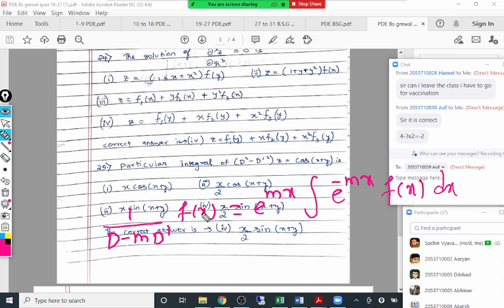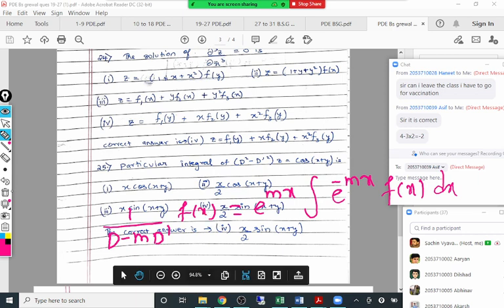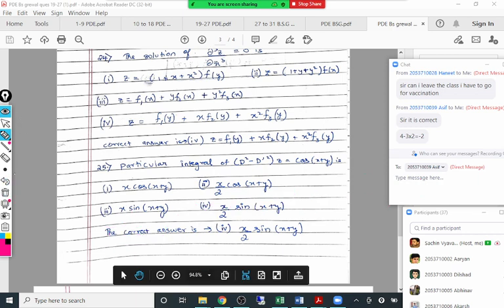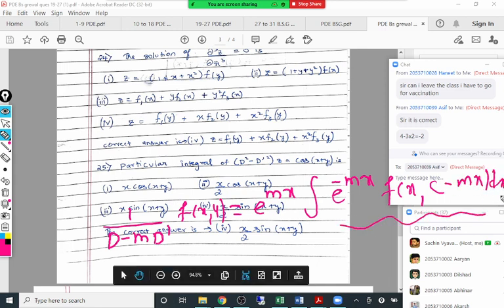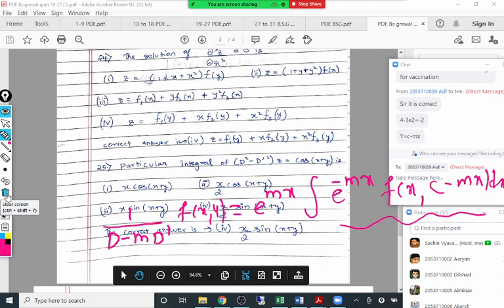So it is not only x, it is f of x comma y. So if f of x comma y is there, we replace y by c minus mx, and dx. We have seen that formula, and then you have to do this. So that way you go and you will get that answer. Yes, y is equal to c minus mx, correct answer.